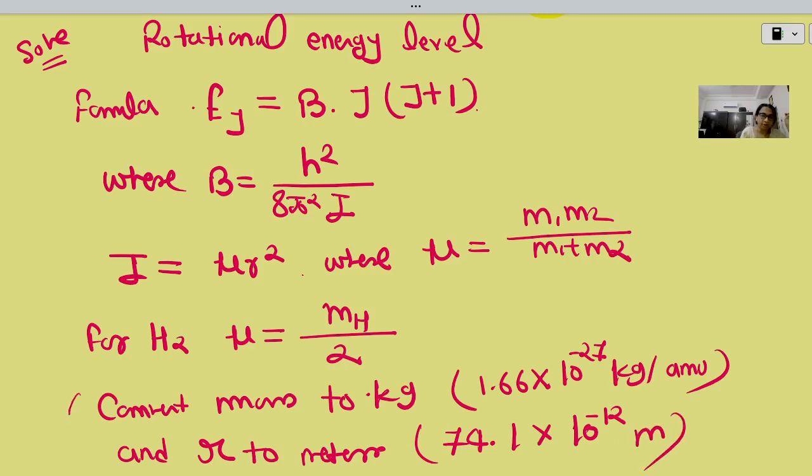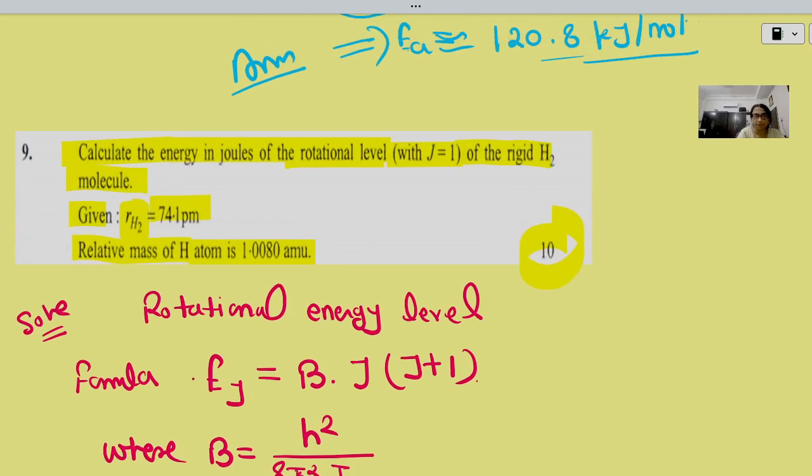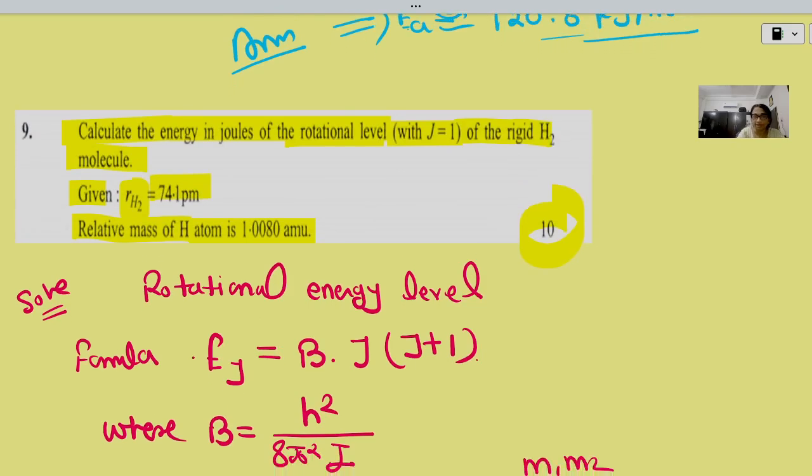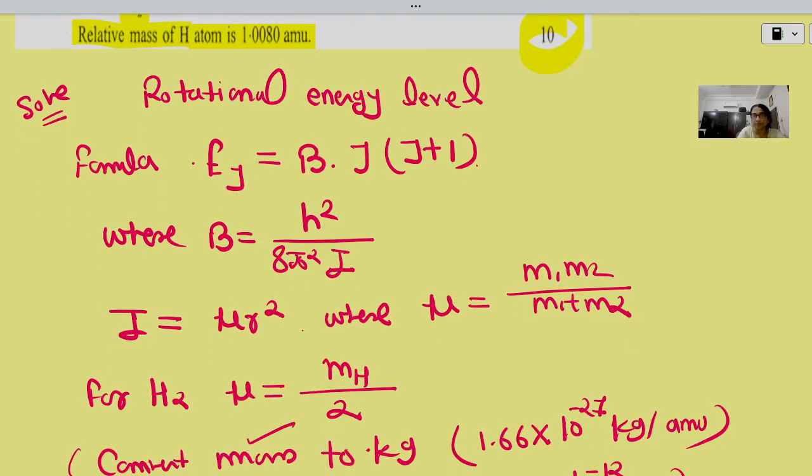So we have got the mass and the value of R. With the help of the formula, the relative mass of hydrogen is given in this question, and using this mass you can easily calculate the value of the energy in joules of the rotational level with J equal to 1. Okay.